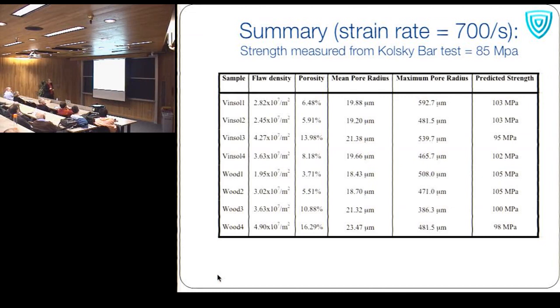The weakest sample has a smaller mean flaw size than the second weakest. So it's not 100% correlated. The strength does relate to the largest flaw size, but again, it's not the full story. This one has the largest flaw size, but it is stronger than this other one that had a smaller large flaw size. So there's this complex interplay between the population of flaws, not just the number of them or the size of the average or the size of the biggest. It's all of these together that are important.